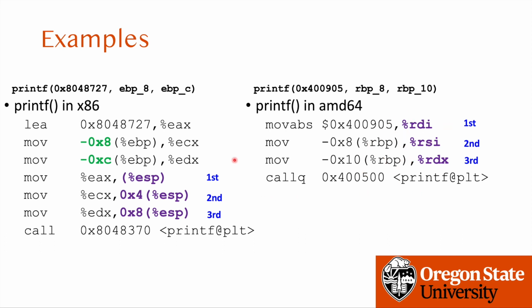So the rule of thumb is if you see E as a prefix on the register name, you can regard that as 4-byte, 32-bit. And if you see the prefix R, you can regard that as 8-byte, 64-bit.